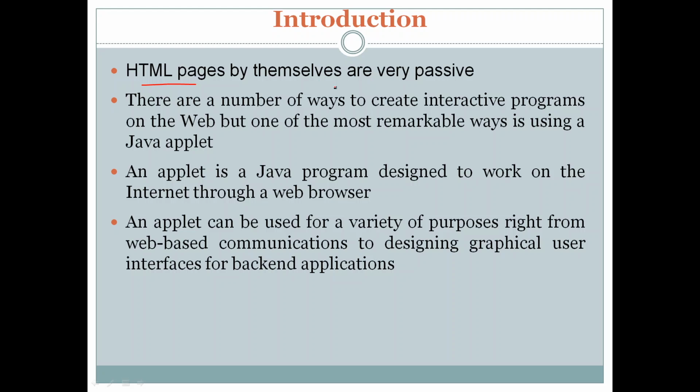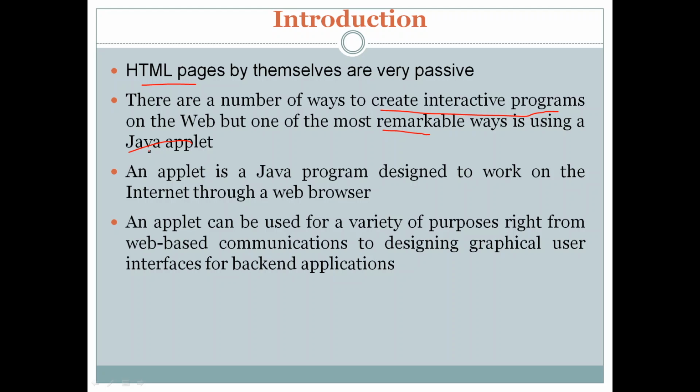Now there are a number of ways to create interactive programs. HTML pages are passive by themselves, but we can create interactive or dynamic programs in a number of ways on the web. But one most remarkable way of creating it is by using a Java applet.